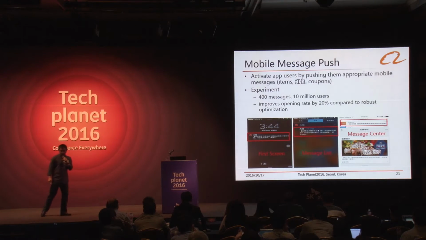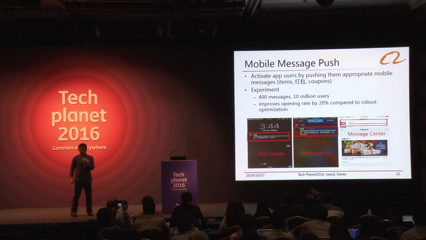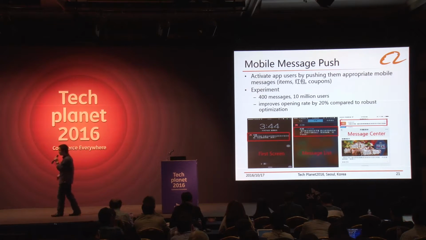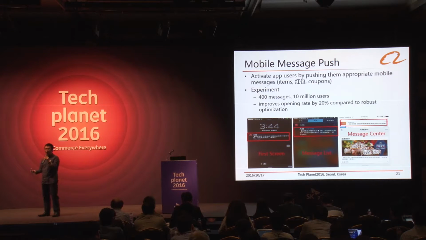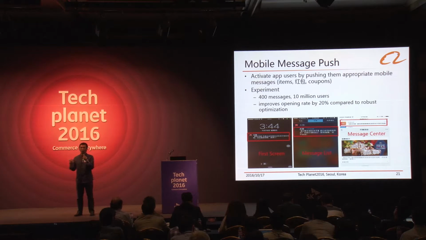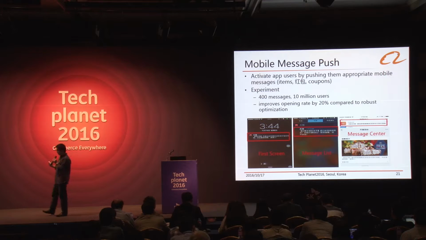So we ran this idea against a task called mobile message pushing. Basically, we have 400 different messages coming in every day, and we would like to push the messages to different users. Our goal is to maximize the number of opens by individual users. The users participating in this experiment numbered over 10 billion.